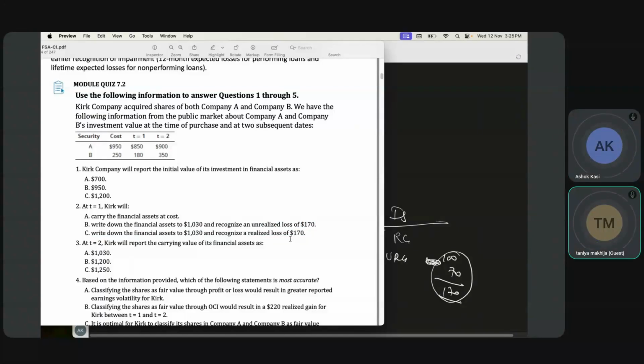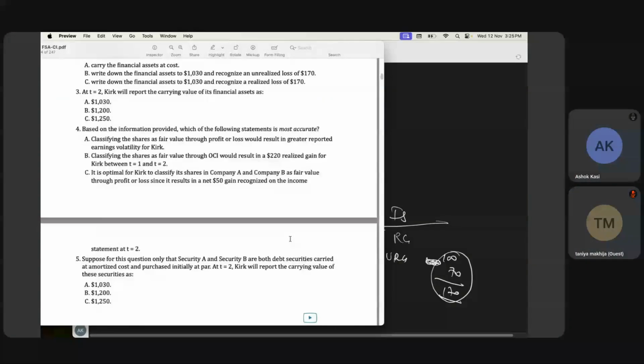Fourth. Based on the information provided, which of the following statements is most accurate?